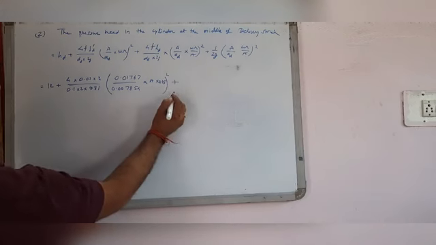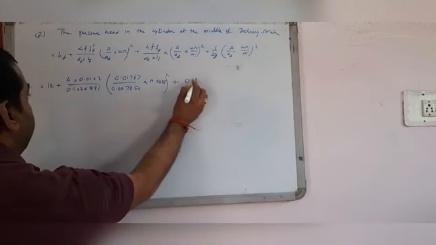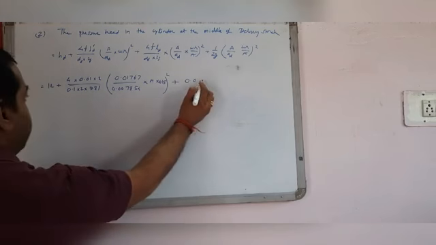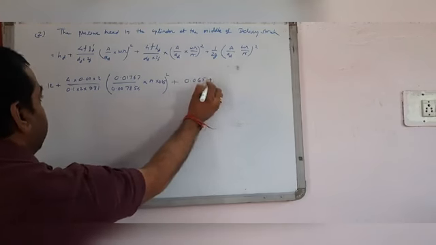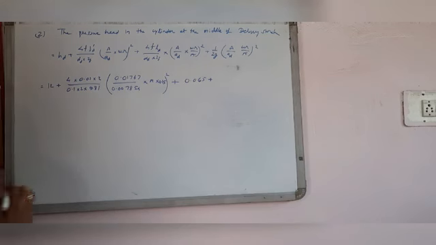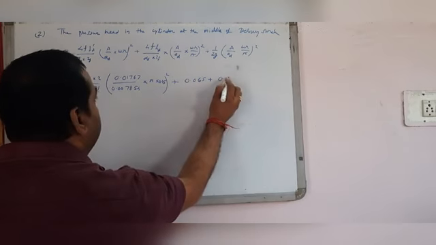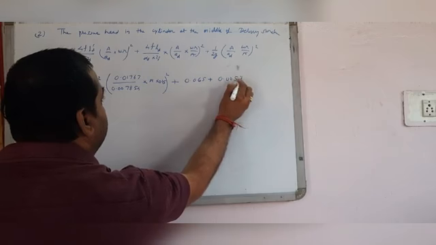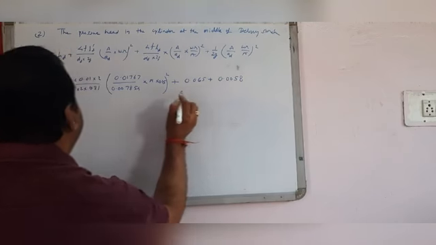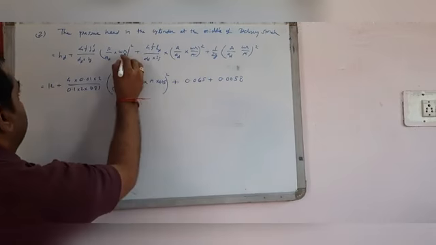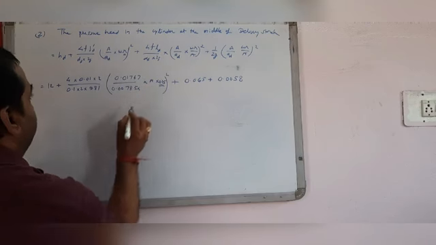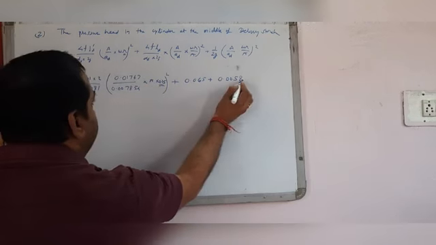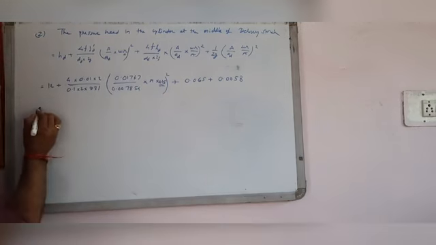Plus 0.065 plus 0.0058. Here in this question, the value of R is 0.15. So each and every place we have to take the value of R as 0.15.